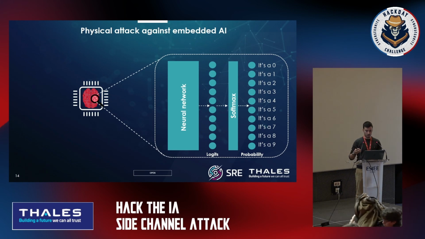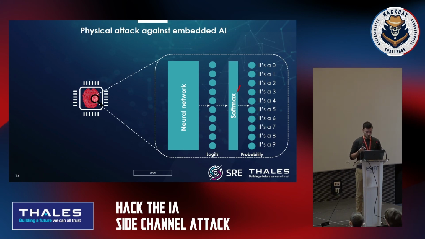Because to generate a correlation between physical signal and sensitive data, the sensitive data must be manipulated by the device. And on this slide, the only function that manipulates the logits is the softmax. So what we want here is to target the softmax function, or get the physical emanation of the softmax function, in order to retrieve information on the logits.